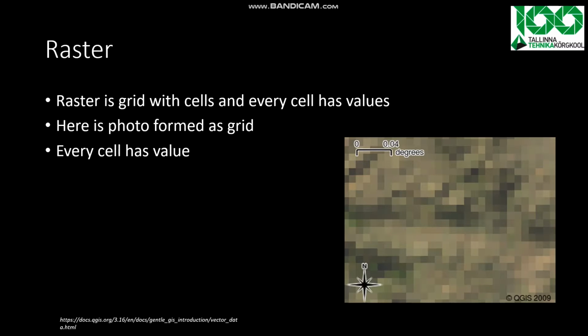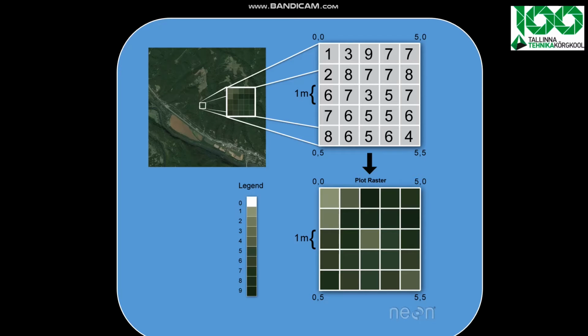When you zoom in on a picture, you always see those rectangles, those cells or pixels, and they mostly have a slightly different color between two nearby pixels. So when a pixel has a value, it shows the color of this pixel when we do a photo. Let's take a bigger photo.